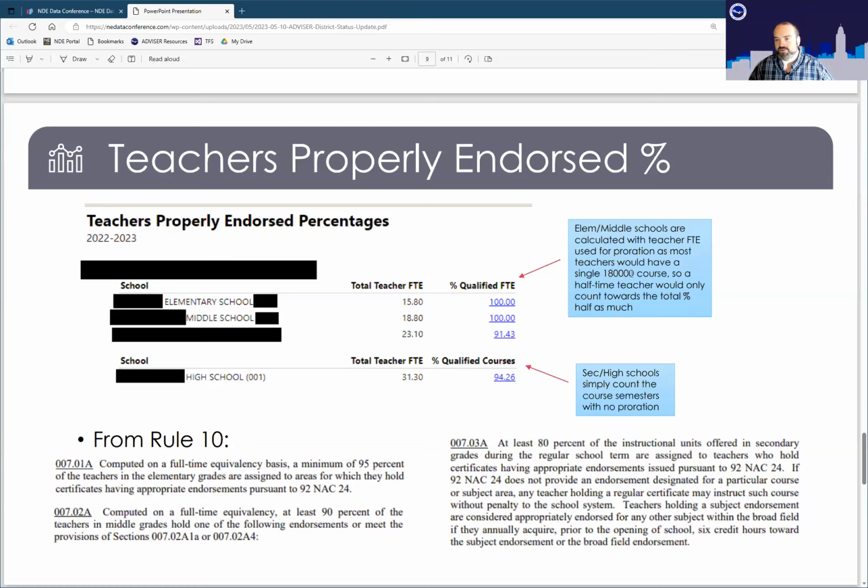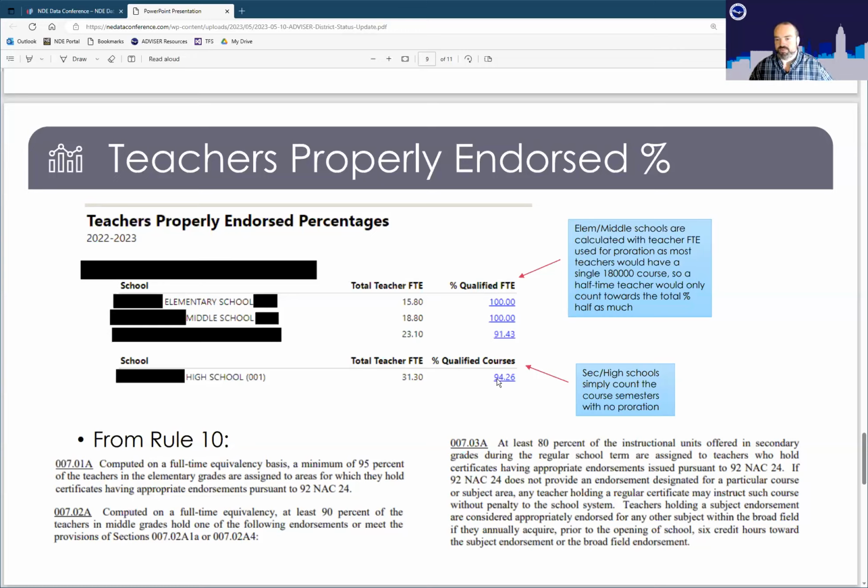That's the 180000 course. But per rule, we want to look at their FTE. So essentially, we take their course data and prorate it by the FTE. So if you have a teacher who only has 50% FTE, they will only count towards your overall qualified percent 50% as much as a teacher who's full-time.